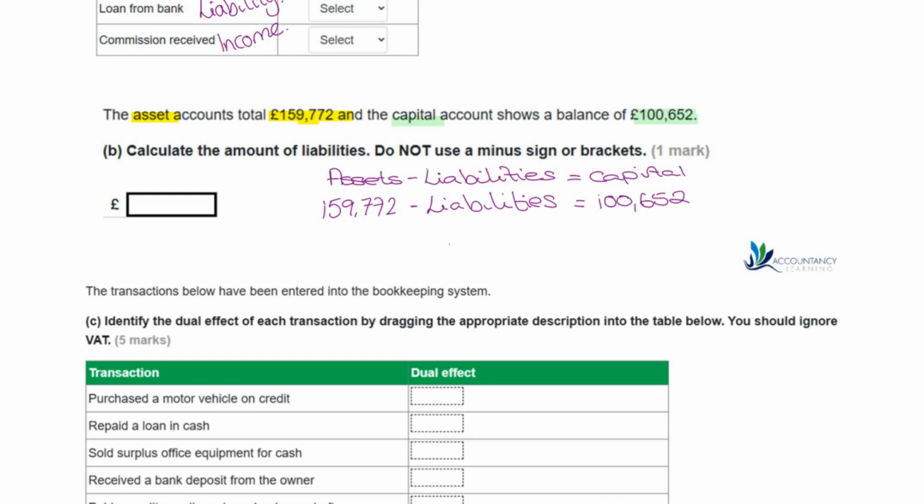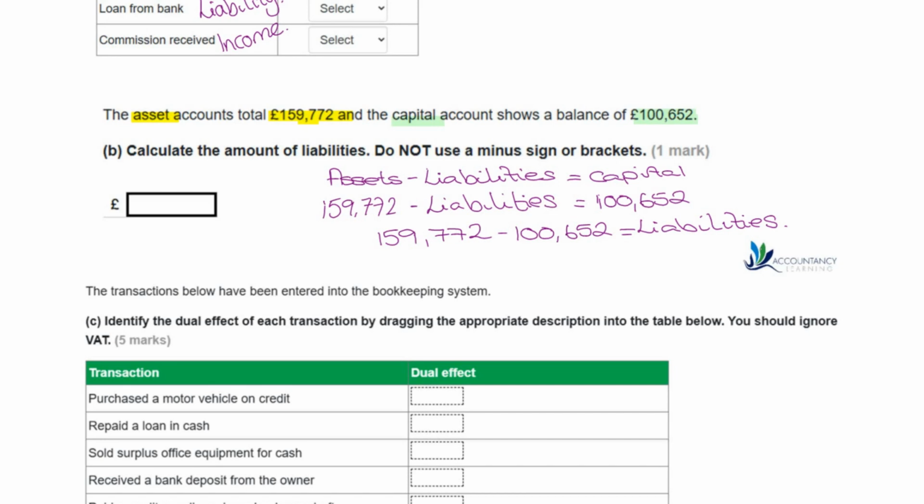So we're going to move our liabilities to the right and our capital to the left. So we'll leave the assets where it is, and then we're going to switch over our capital and our liabilities and the sign will change. So currently the capital is a positive, so that will become a negative, and our liabilities is a negative, so it will become a positive on the opposite side of the equal sign.